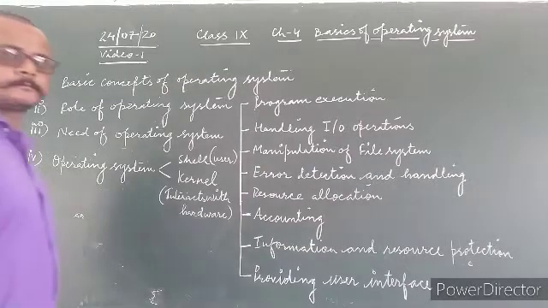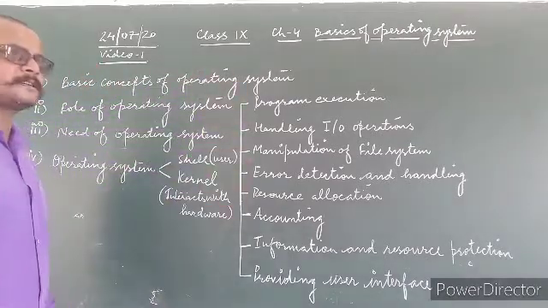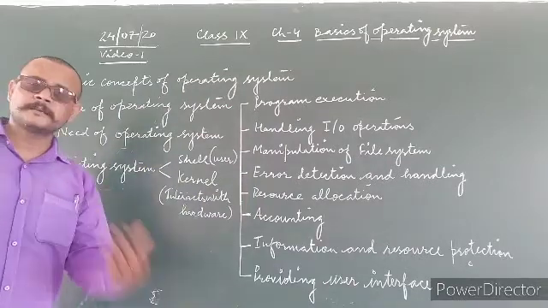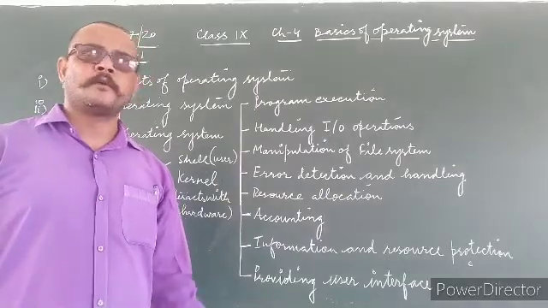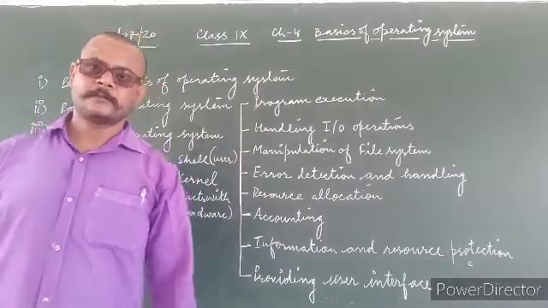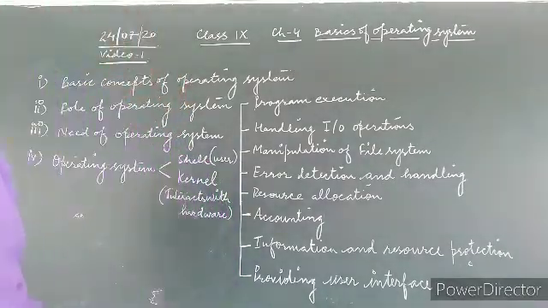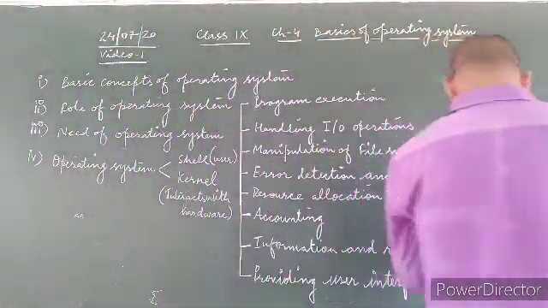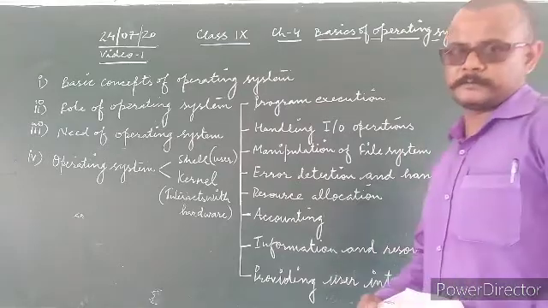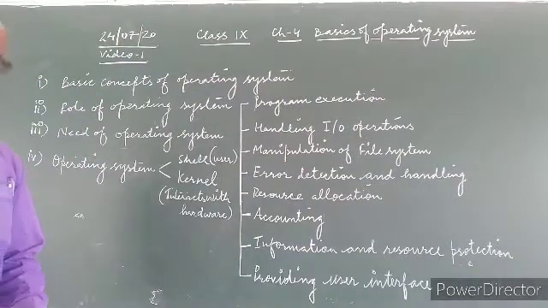So after this, now we should start with the basic concepts of operating system. What are the basic functions? Why do we require operating system? What components are required for our operating system to work? So the basic concept: an operating system is an important component of a computer system which controls all the components of the computer system.